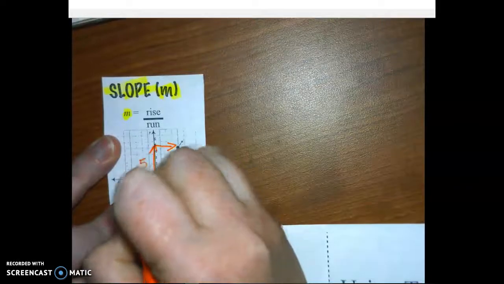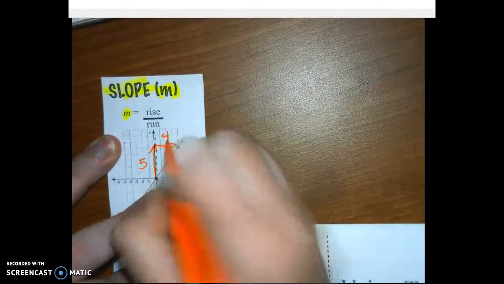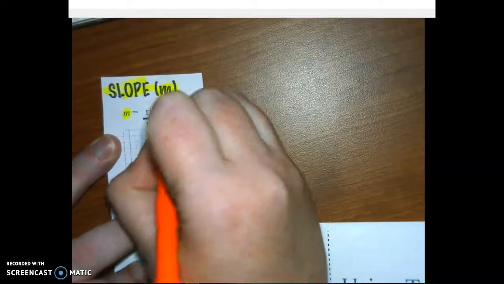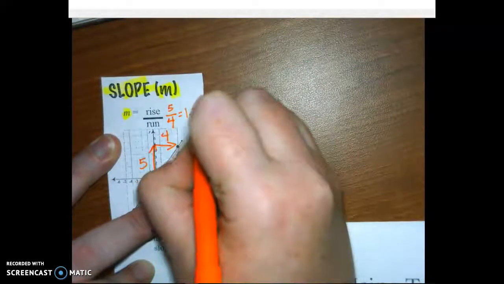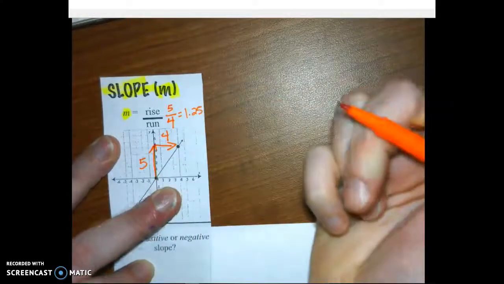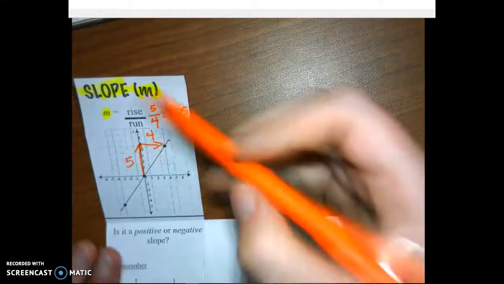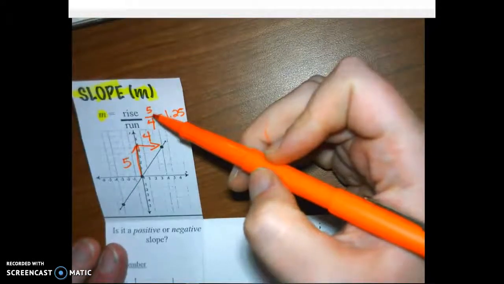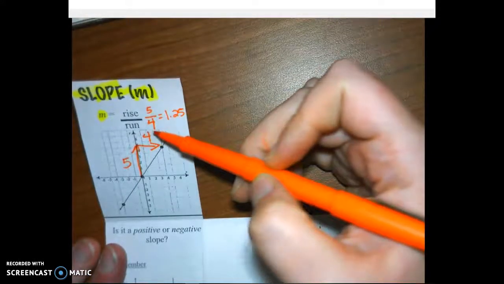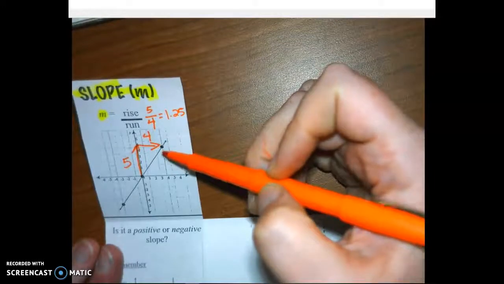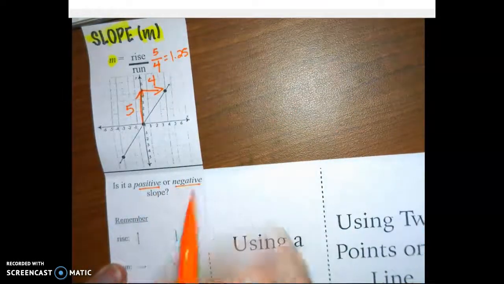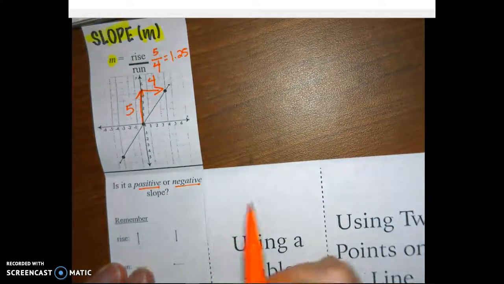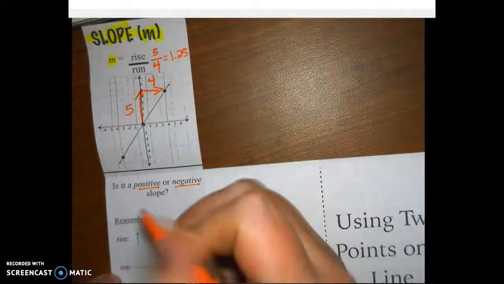Well, we went up 5, we went over 4. So our rise was 5, our run was 4. You can leave it like that, or you can make it 1.25. Either way is fine for me. In graphing, we love fractions because this tells me exactly how many to go up and how many to go over in order to get to this next point. So we are very much looking for if it is positive or negative.